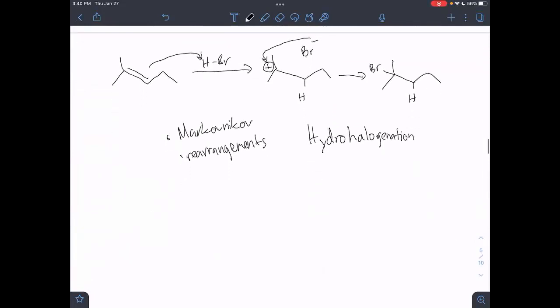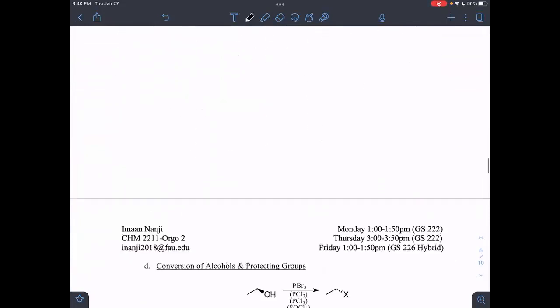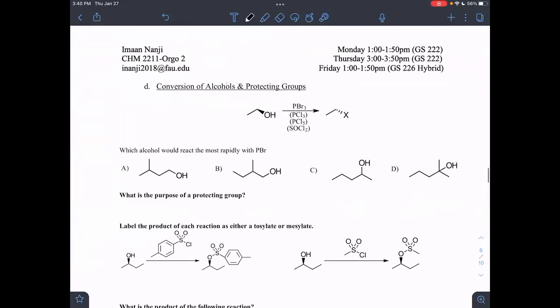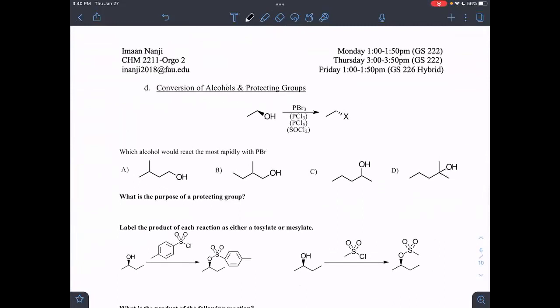Okay, so I can move on to protecting groups. The point of a protecting group is to replace the alcohol with a leaving group, and it just makes everything more reactive. I don't think you really need to know why they exist or what we do with them.